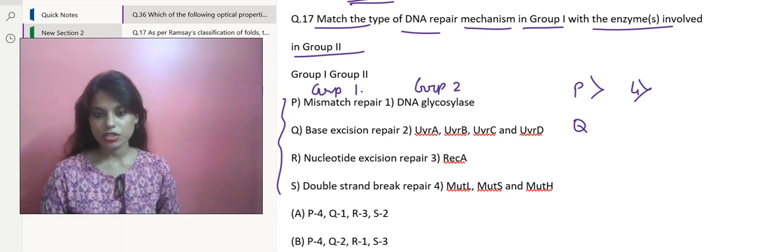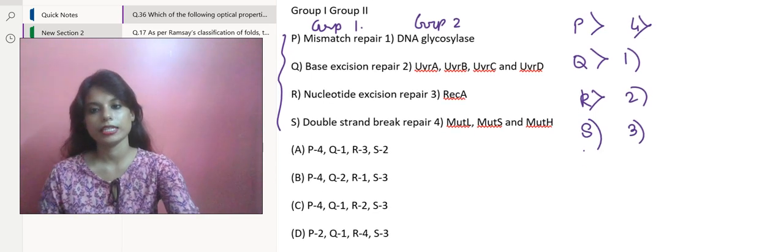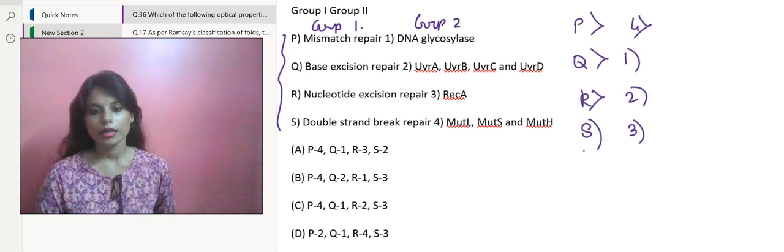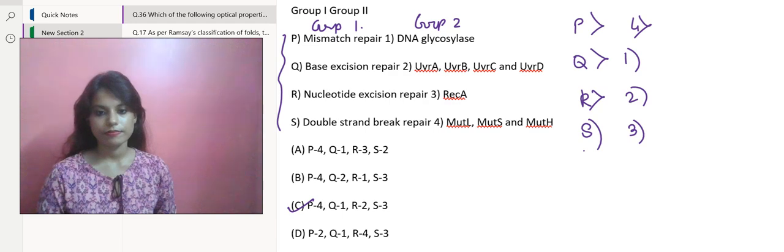Base excision repair will go with DNA glycosylase. Okay. Then nucleotide excision repair will go with, yeah, the second option. S, or double strand break repair, will go with the third one. So let's find out this combination. Where can we find it? It's given in option C. Yes. Option C, isn't it? Yes. Option C.